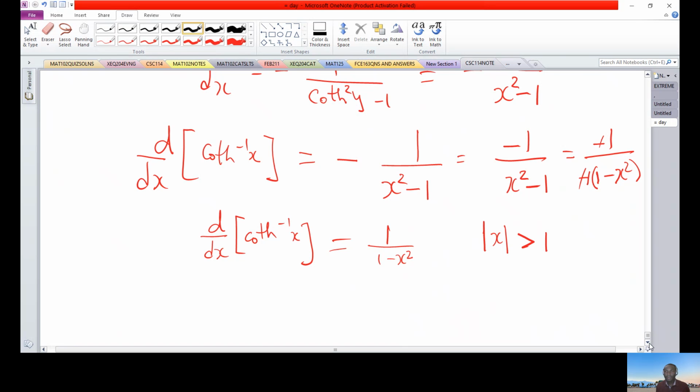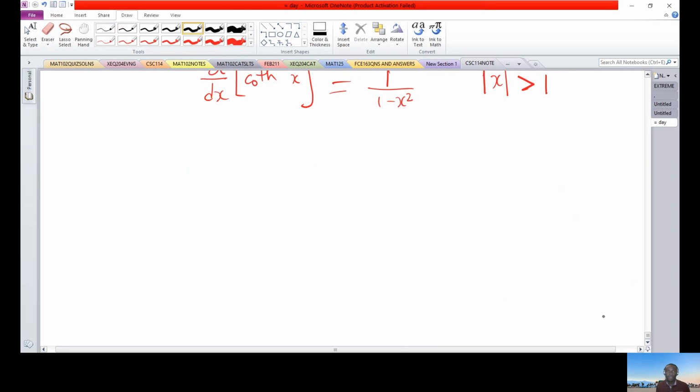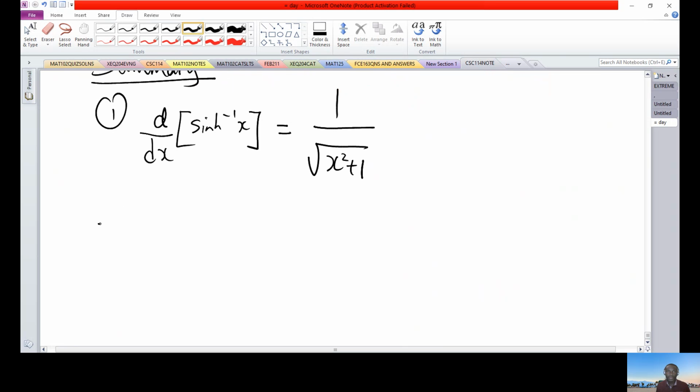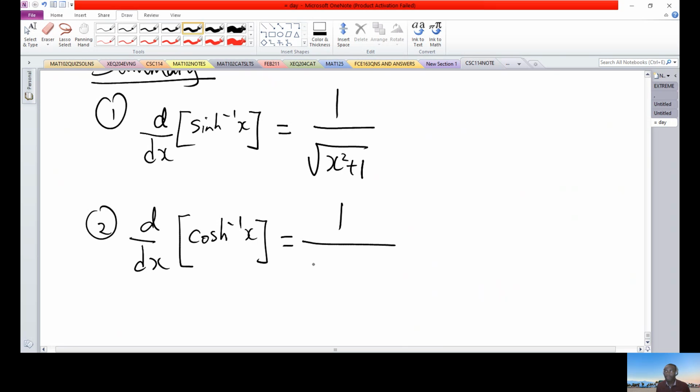So in summary, number one, d/dx of the inverse of sine hyperbolic is given by this. Number 2, d/dx of inverse hyperbolic cosine of x is 1 over the square root of x squared minus 1, and then x must be greater than 1.